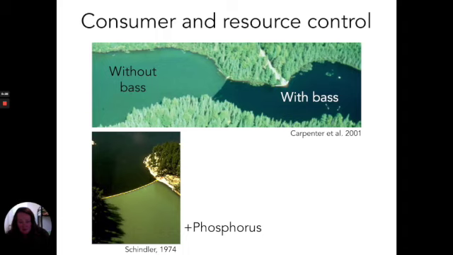Now we know that both consumers and resources can have huge impacts on the environment. I've just included two photos here of some iconic experiments, one manipulating consumers on the top and one manipulating resources on the bottom. These are both photos of whole lake experiments where the lake was split in half with this impermeable curtain sent down the middle.